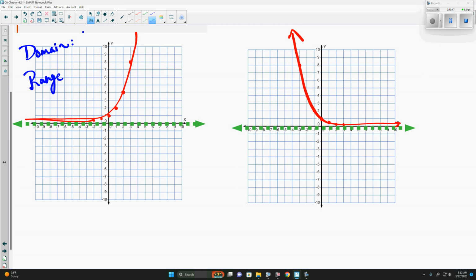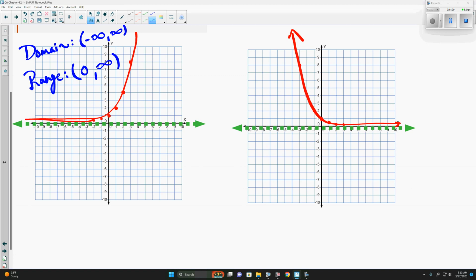Now the domain for this here is going to be all real numbers. For any of these, the domain is going to be all real numbers. Now the range are the y values. We said it cannot cross y equals 0 here. So we have a parenthesis at 0, and it goes up to infinity.